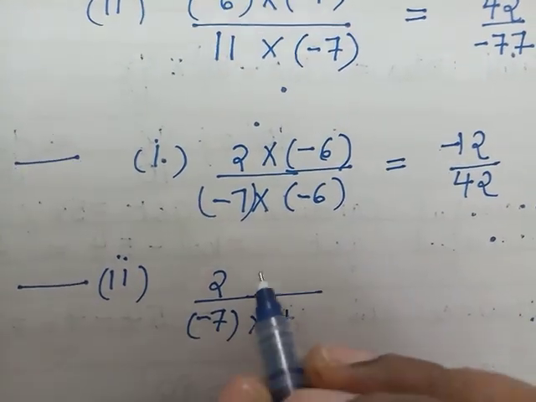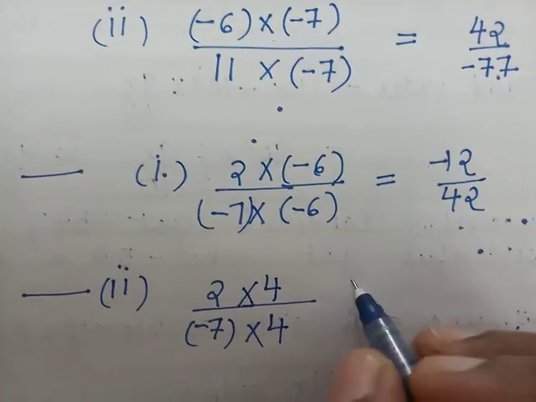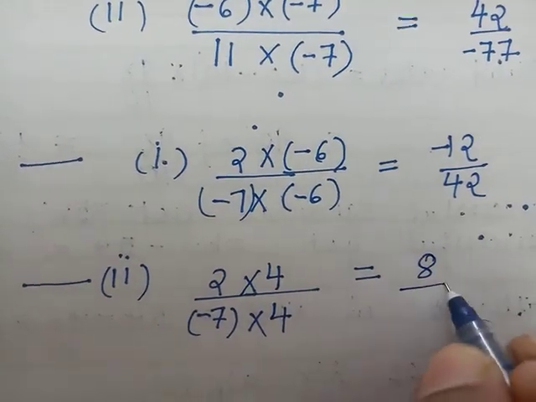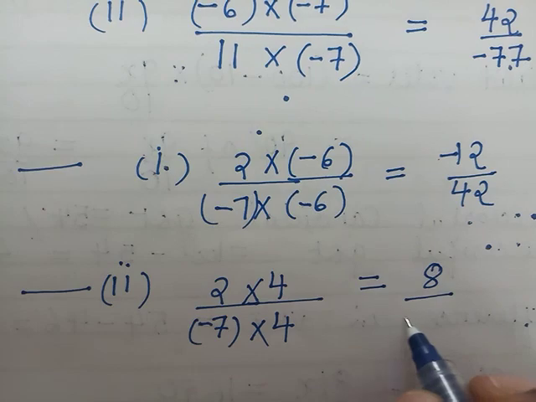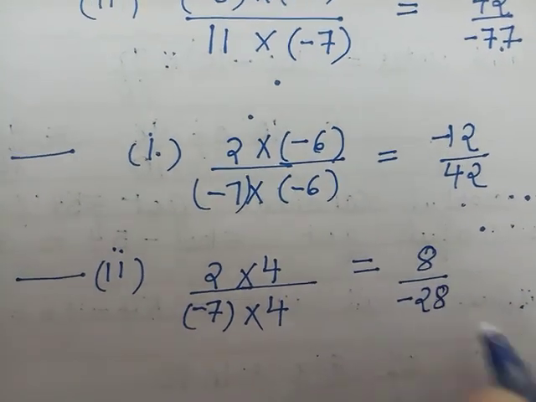So we multiply by 4. So 4 twos are 8, and minus 7 into 4 will give you minus 28. That's what we were looking for: 42 in the denominator, and then minus 28 in the denominator. Okay, children.